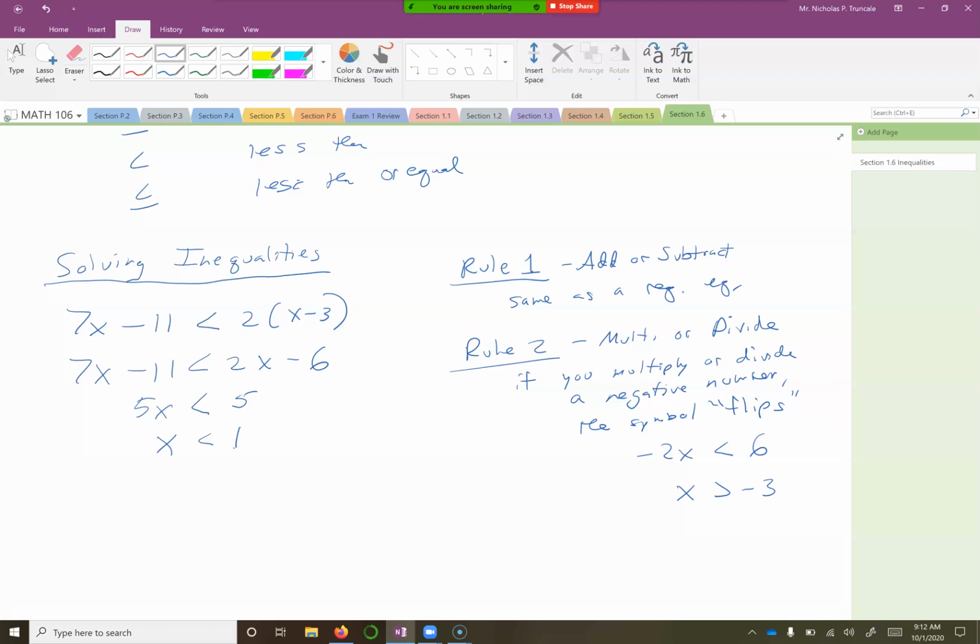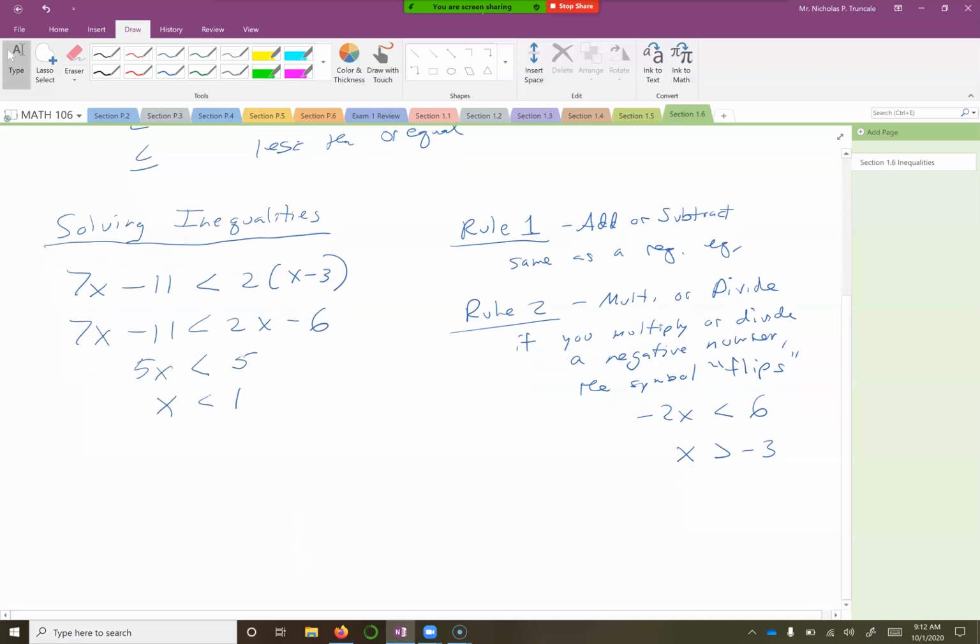Okay. So how on earth do we express this as a final answer? So x is less than 1. That really is one way to do it. Another way would be to use a number line. I won't make you be crazy with the number line, but I always like to see where 0 is. And then I'm going to mark 1, because that's the place of interest.